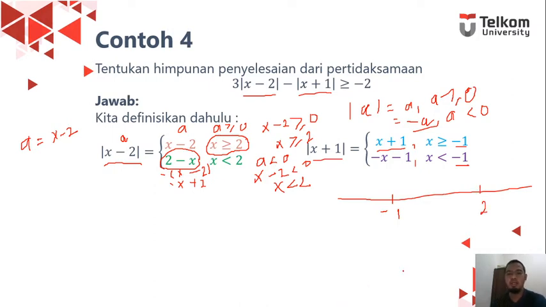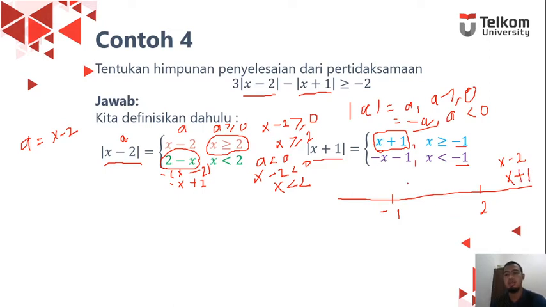So in the right side of the 2, we will use x minus 2, since this is bigger than or equal to 2. On the right side for the x plus 1, we will use this one. Why? Because x is bigger than or equal to minus 1, and also x is bigger than 2. So we use x plus 1.